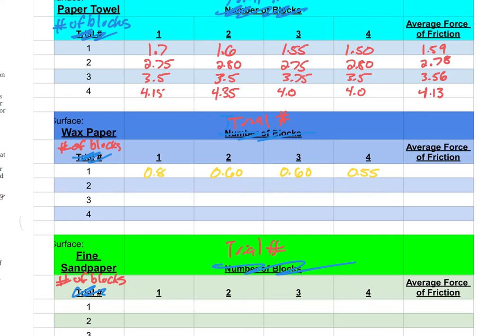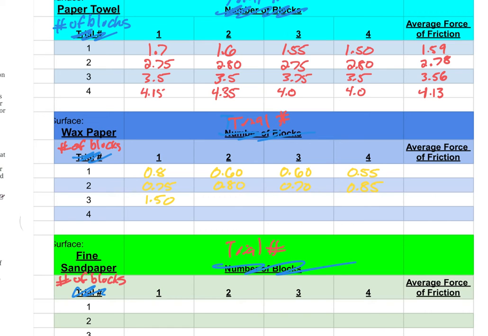All right, for 2 blocks, we got 0.75, 0.80, 0.70, and 0.85.